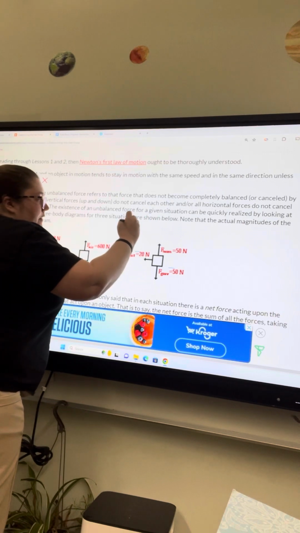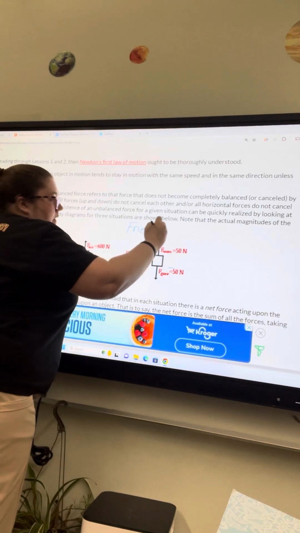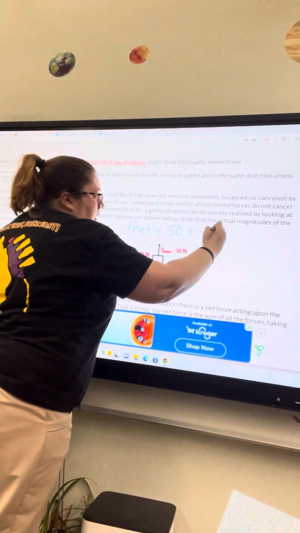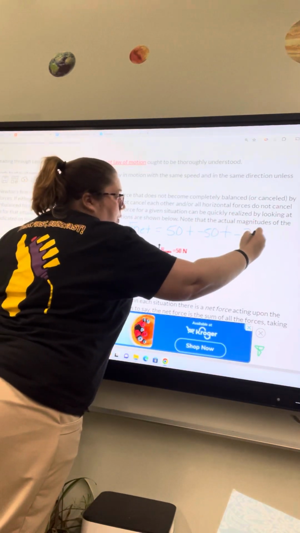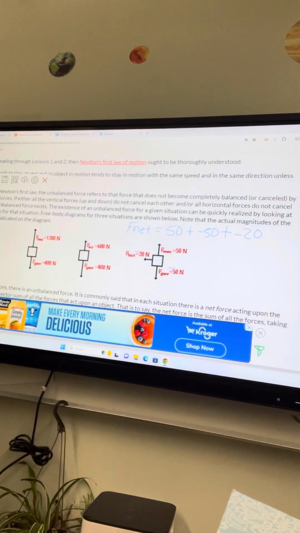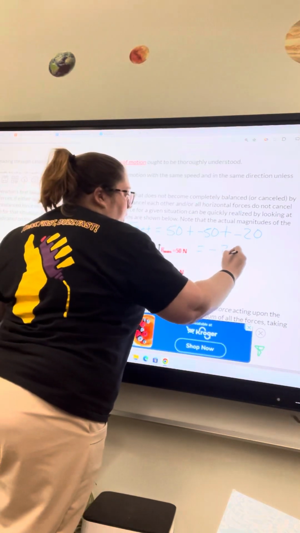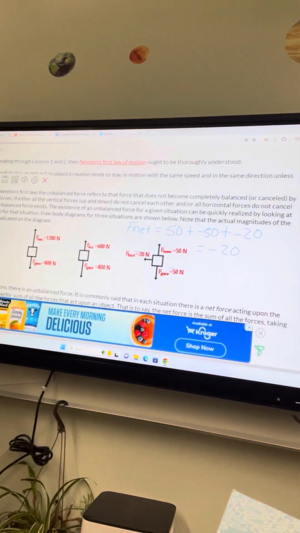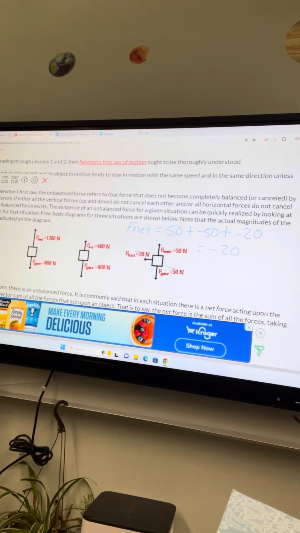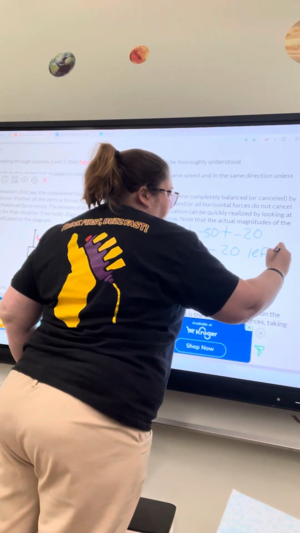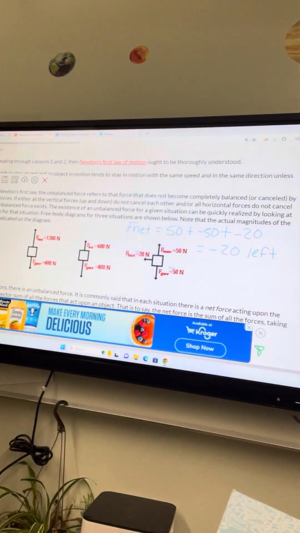So we have F net equals 50 plus negative 50 plus negative 20. You see that? So what's our answer there? Negative 20, and in which direction are we going? To the left. Good. To the left. Why are we going left?